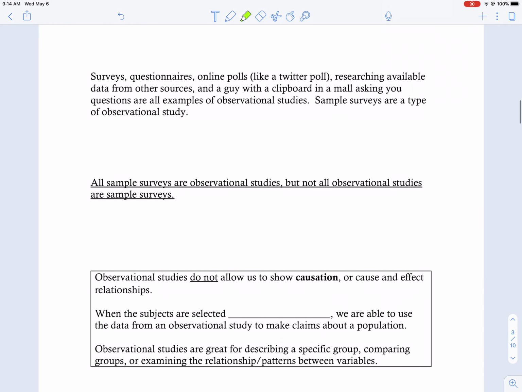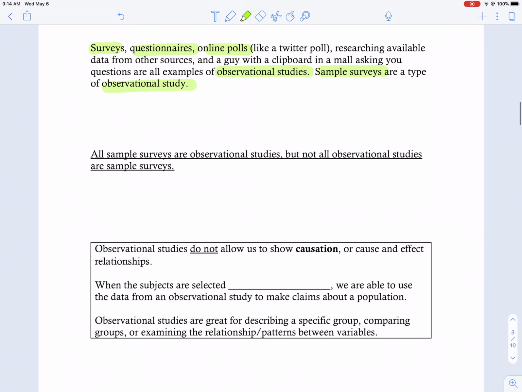So anything like surveys, questionnaires, online polls, like a Twitter poll, researching available data from sources, and a guy with a clipboard is going to tell you it's an observational study. So sample surveys are a type of observational study. Now just take note of this little sentence here.